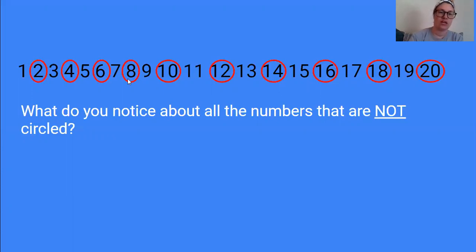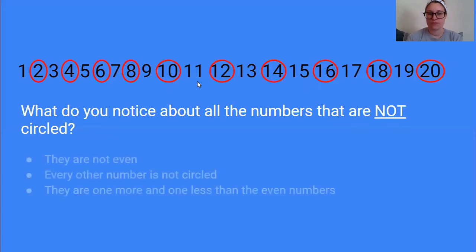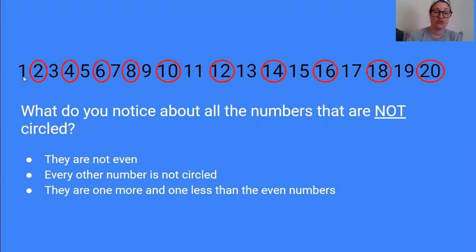So I see 1, 3, 5, 7, 9, 11. What do we notice about them? Those are not even numbers. They do not end with 2, 4, 6, 8, or 0. Again, every other number is not circled, so you could skip count, okay?